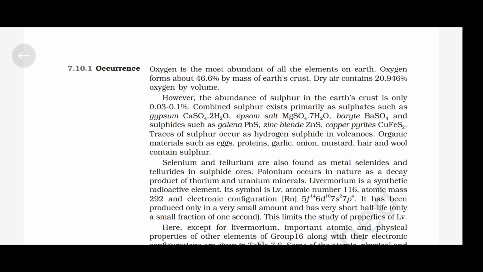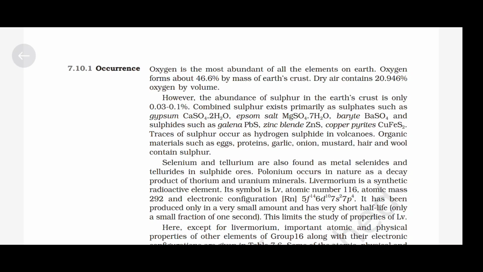Traces of sulfur occur as hydrogen sulfide in volcanoes. Organic materials such as eggs, proteins, garlic, onion, mustard, hair, and wool contain sulfur.